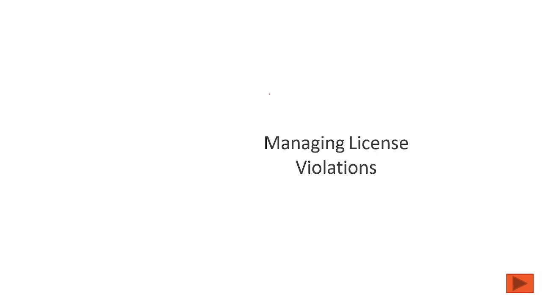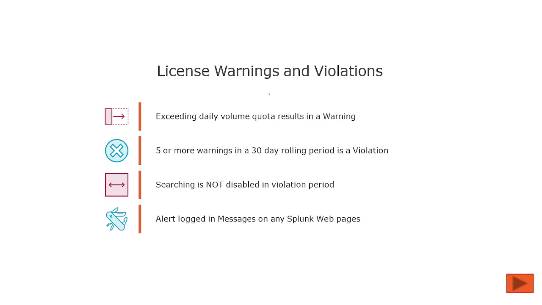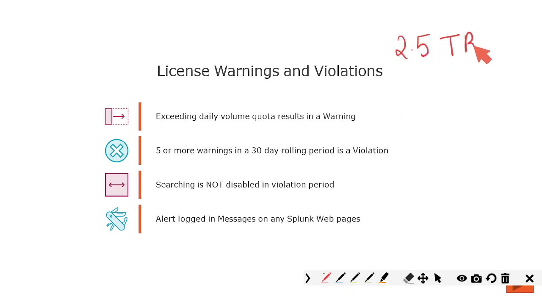In this section, we are talking about how to manage a license violation. So let's go from here. For example, assume I can ingest 2.5 terabytes of data in my Splunk Enterprise environment daily. If this limit is breached, that comprises a warning.